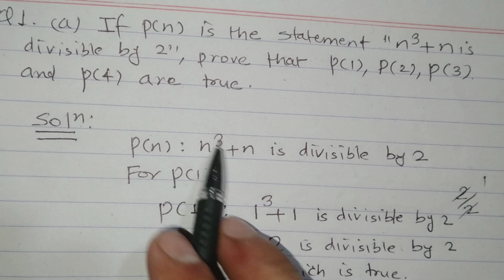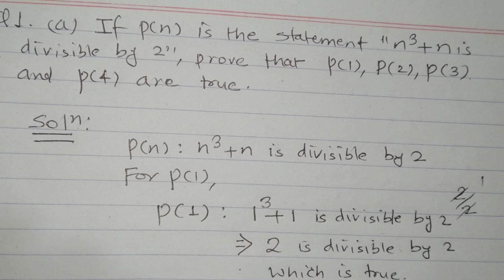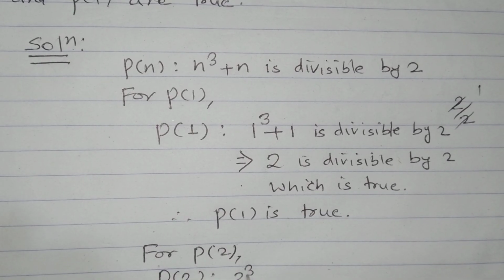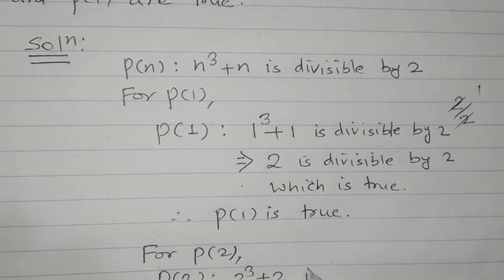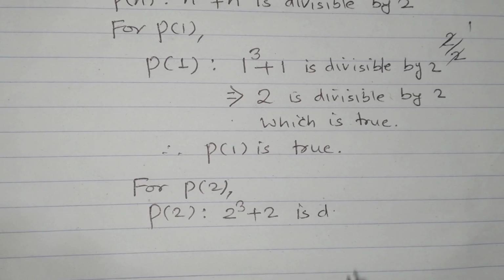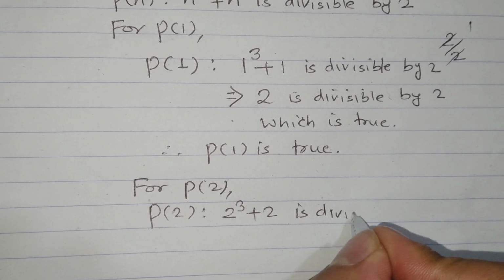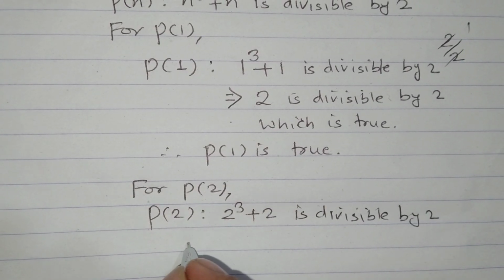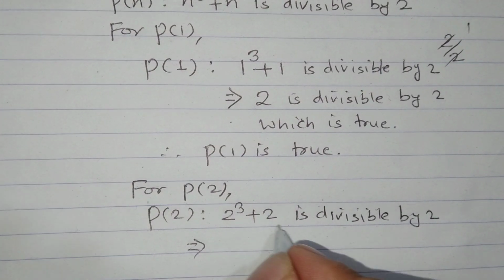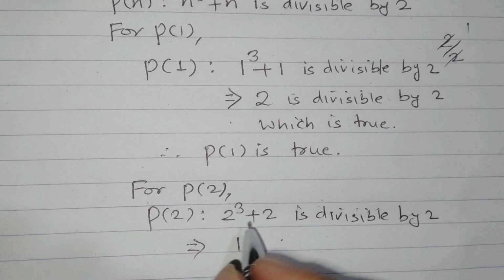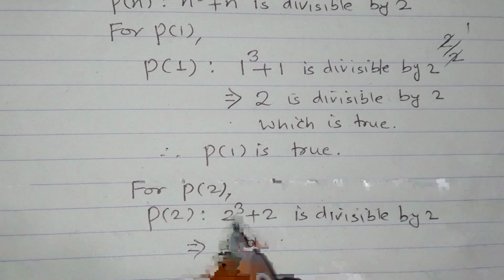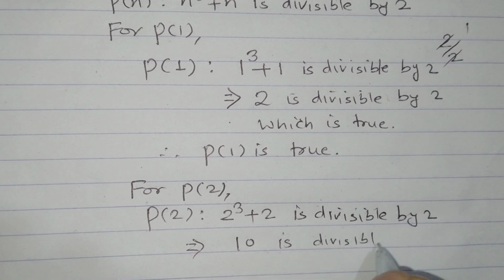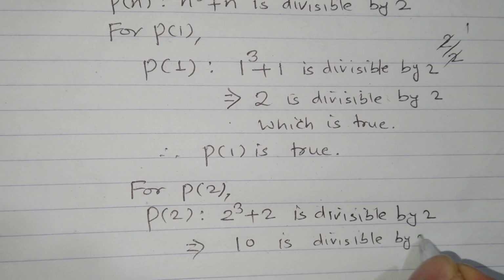So 2 cube plus 2 is divisible by 2, which means 8 plus 2, which is 10, because 2 cube is 8. 10 is divisible by 2.